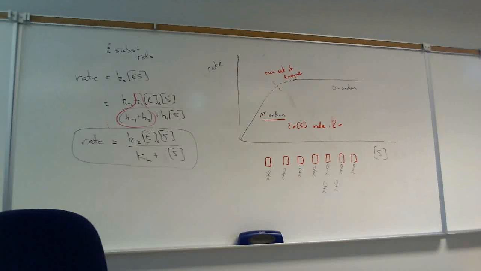And what does Km contain? Well, Km contains K1, K minus 1, K2. K minus 1 and K2 are consuming the enzyme substrate complex. K1 is forming it. But anyway, what we get is this. The S term drops out of this, and we get first order in enzyme and first order in substrate.